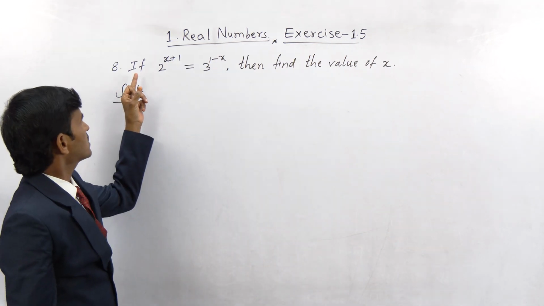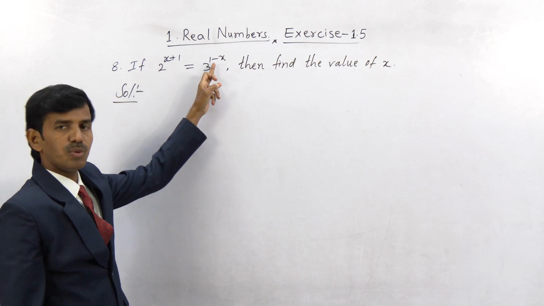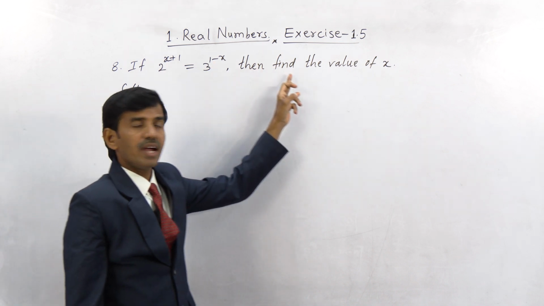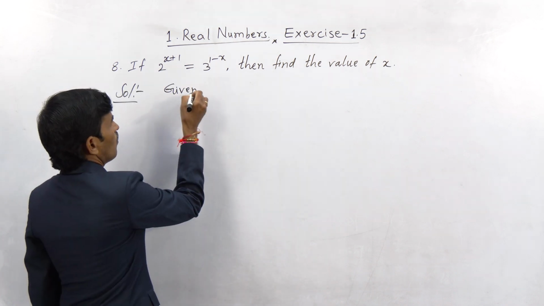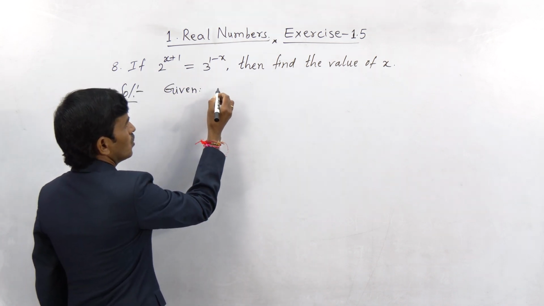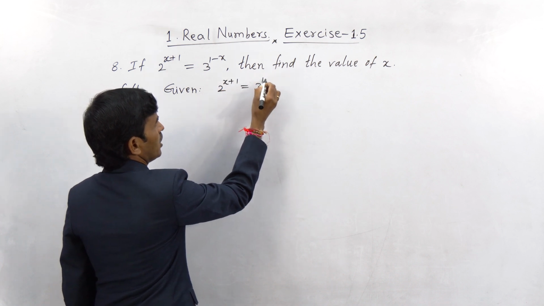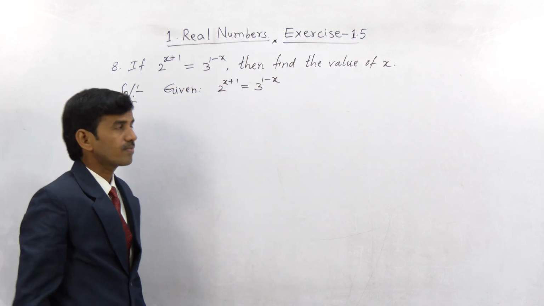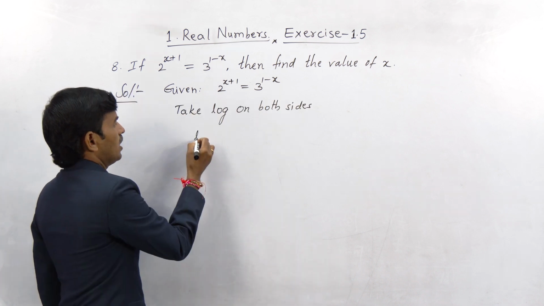Eighth problem, that is if 2 power x plus 1 is equal to 3 power 1 minus x, then find the value of x. Here what is given? 2 power x plus 1, which is equal to 3 power 1 minus x. Take log on both sides. What will we get?